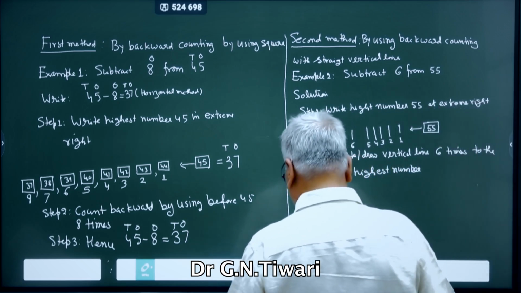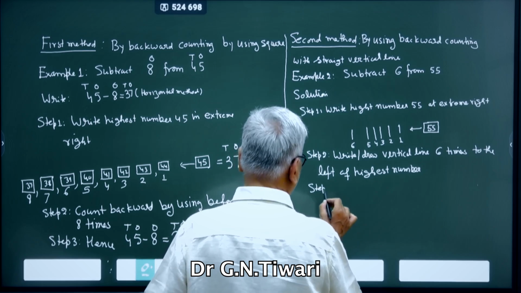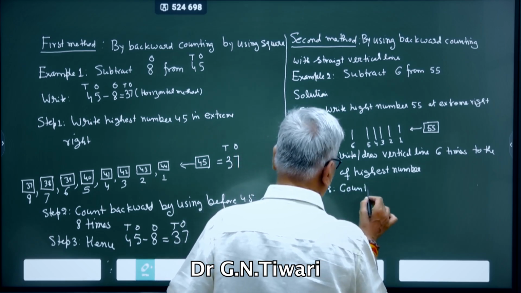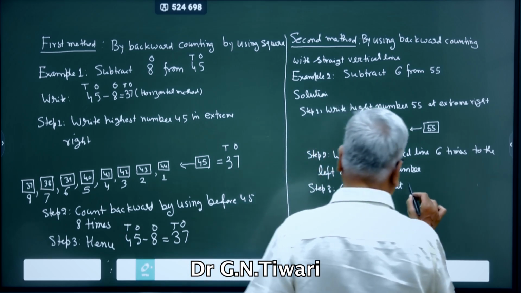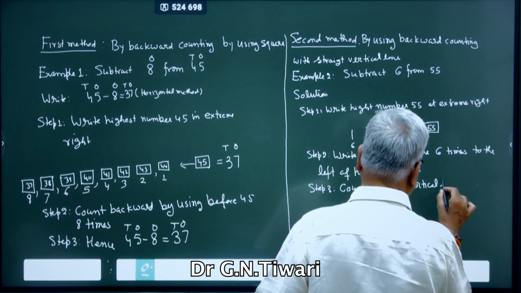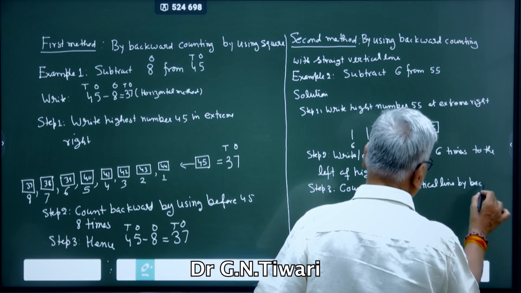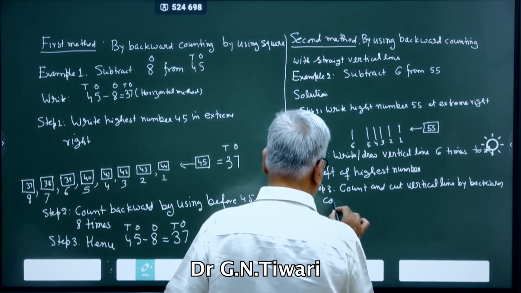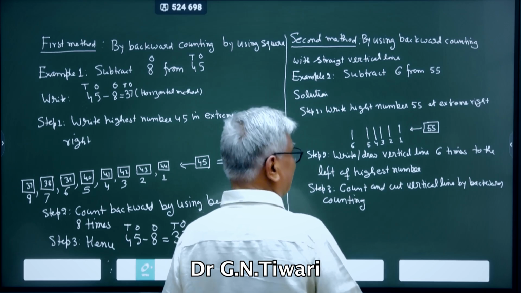Then step 3, count and cut a vertical line by backward counting. Backward counting. Now how to do it?